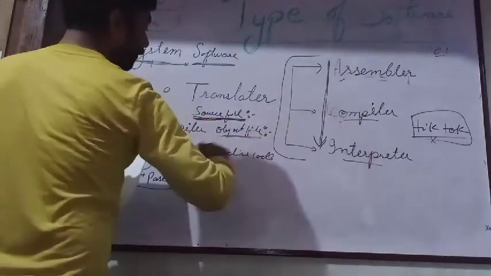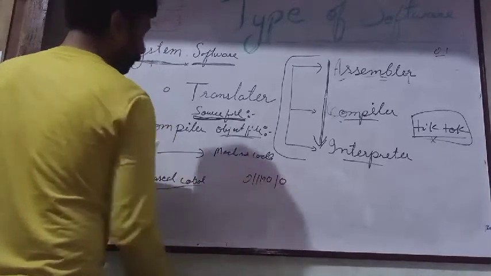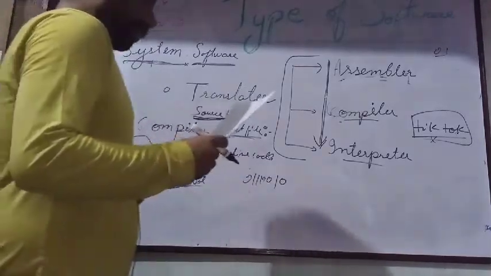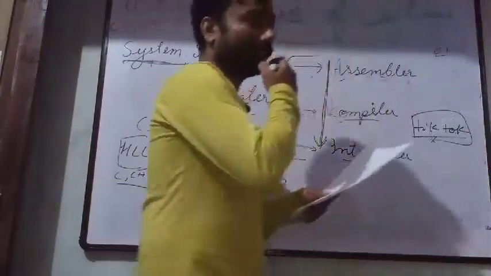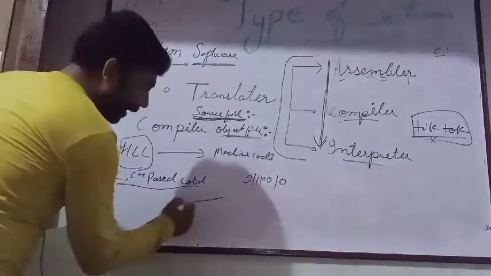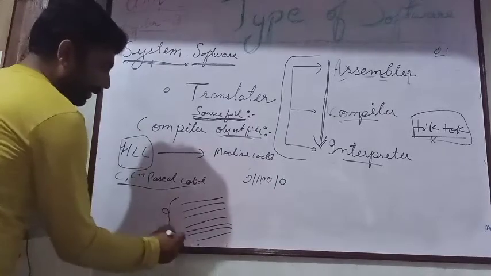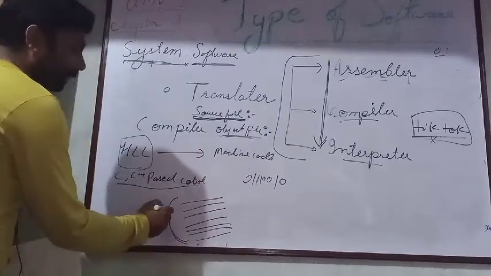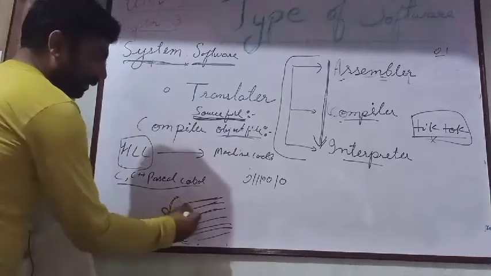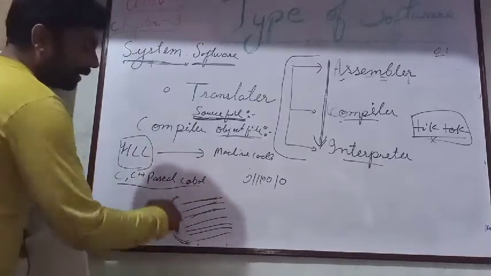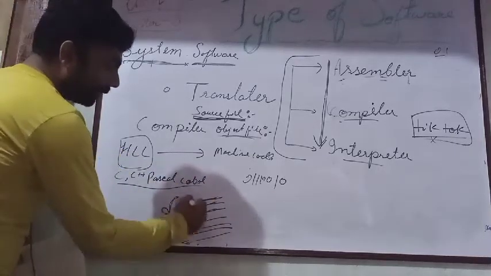When the program is written in this language, the compiler converts it into the machine code, that is a string of binary code. A point is also given in your book: it goes through the entire program. When you write an entire program with multiple lines, a bunch of commands together, all of it compiles together.